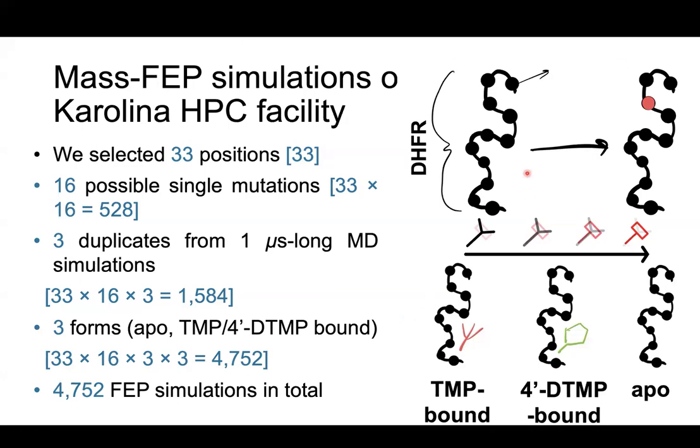Actually, if you say this is our protein and we want to mutate it from here to there, we will change this amino acid to that. First, we generate a hybrid amino acid that consists of the atoms of the wild type and the mutated form.